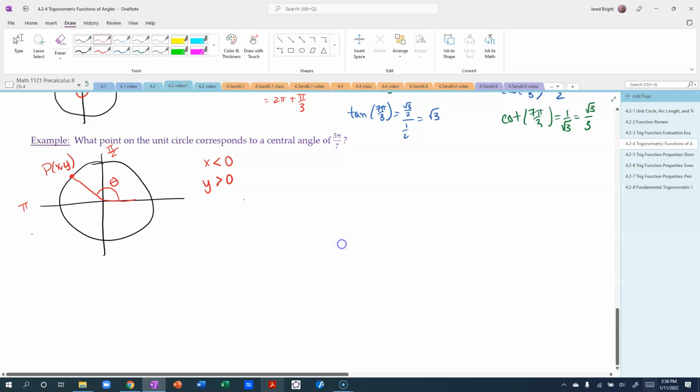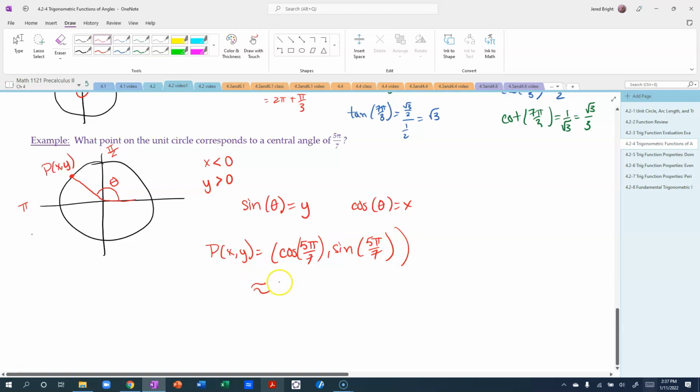On the unit circle, remember that sine of theta is equal to our y-coordinate and cosine of theta is equal to our x-coordinate. So my point of interest, P of x, y, should be equal to cosine of 5 pi over 7, comma, sine of 5 pi over 7.